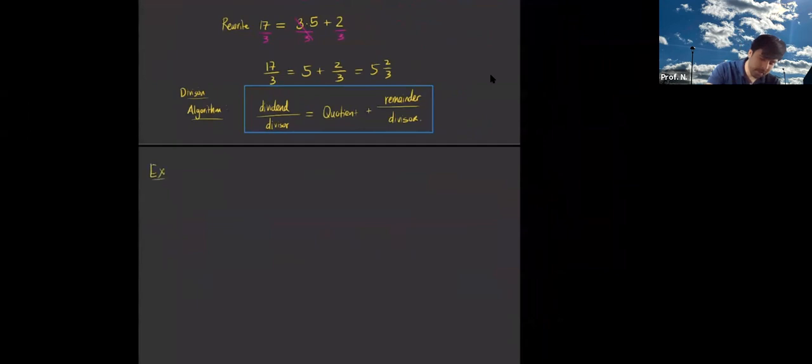For example, if I have a polynomial, 3a squared plus 2a, and I divide it by a, this is a very simple kind of division. Because I can divide this by doing what? I can say 3a squared divided by a plus 2a divided by a.